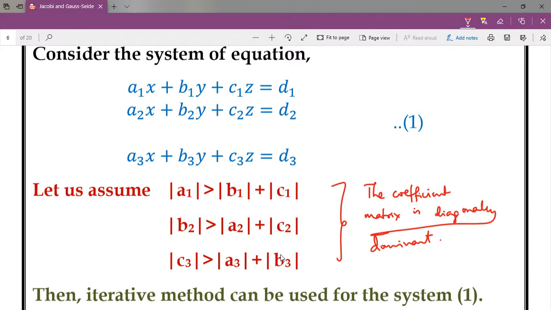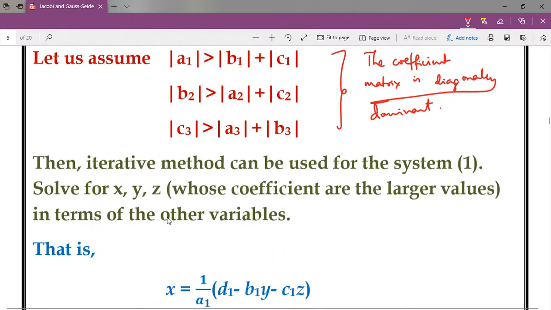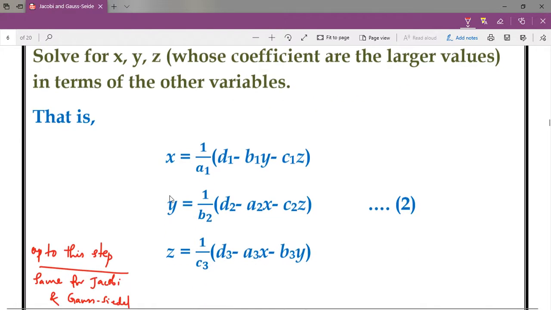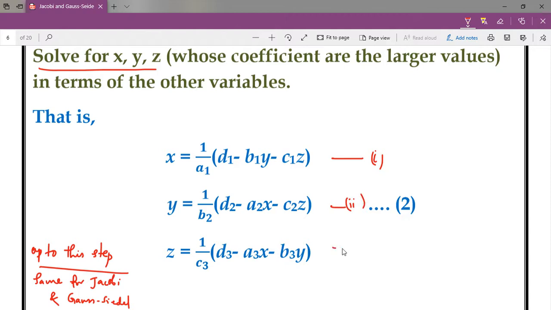So then the iteration process can be applied. So we solve for x, y, z. Then we get this system, say equations Roman 1, Roman 2 and Roman 3.